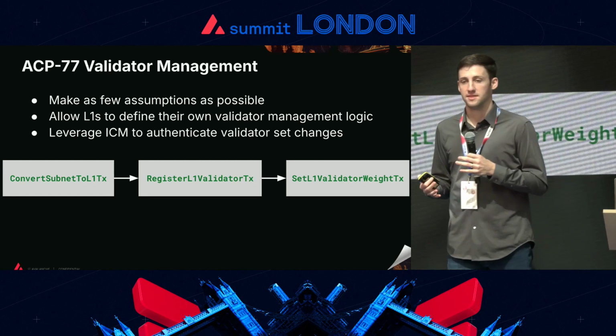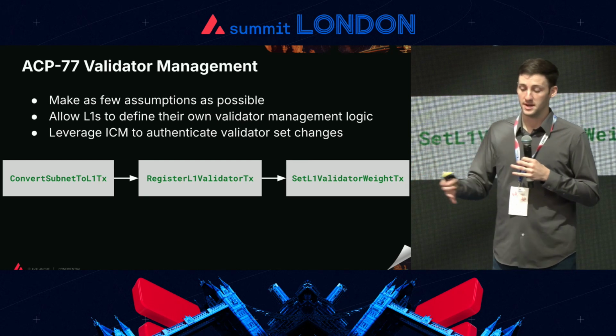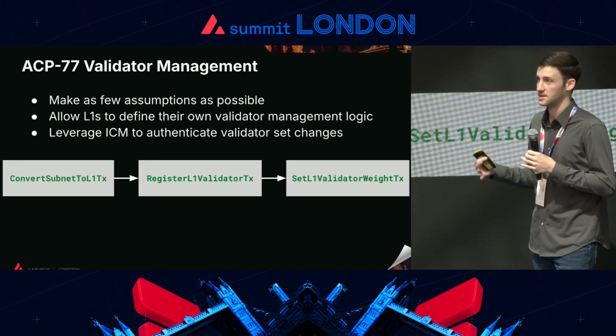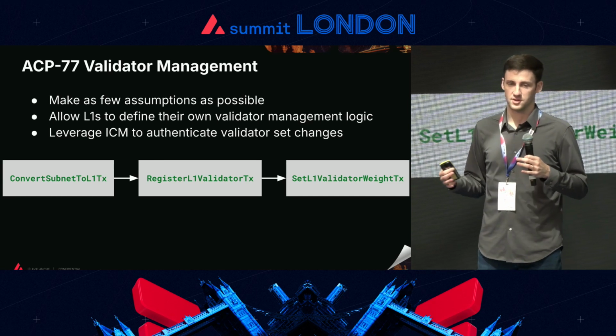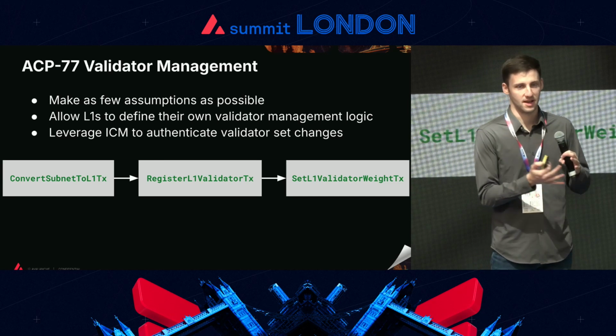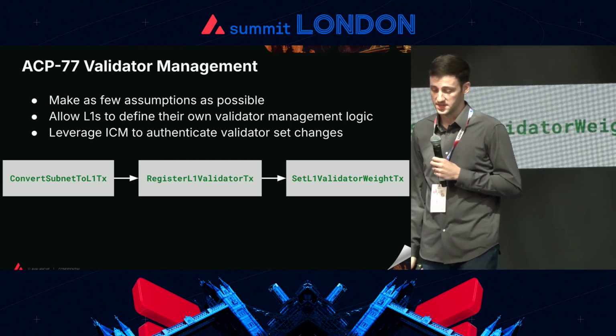And given that we already had this primitive, we wanted to leverage it as best as possible to manage validator sets in a generic way that's agnostic to the actual logic of the validator manager itself. And that was how we came up with the design for ACP77.